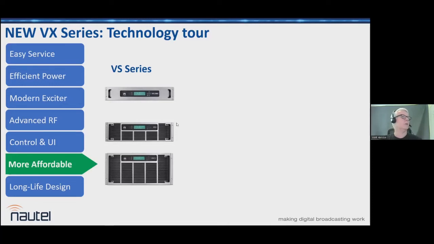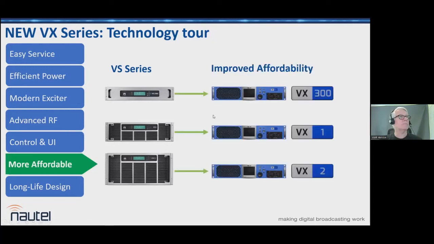Okay, good. So if we compare it to the VS series, you can see that we're improving the affordability of models that are similar. If you're looking at the VS300, it's roughly the same size, a little shallower, a little lighter. I can tuck one of these under my arm and walk about with it without too much trouble, and did so at NAB quite a bit.